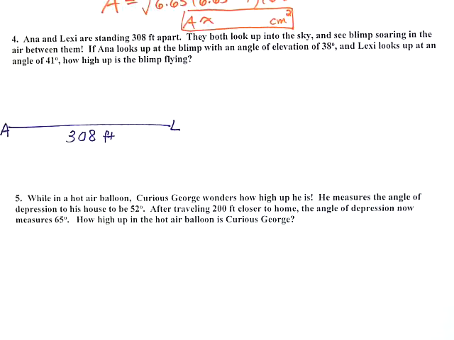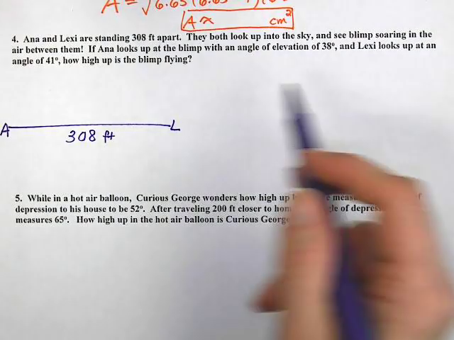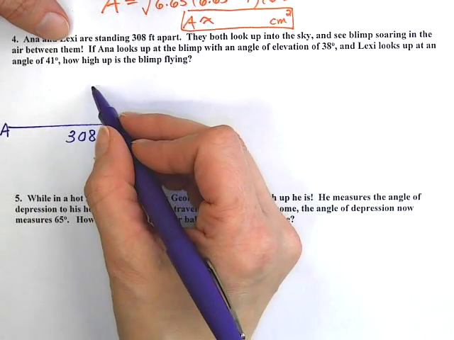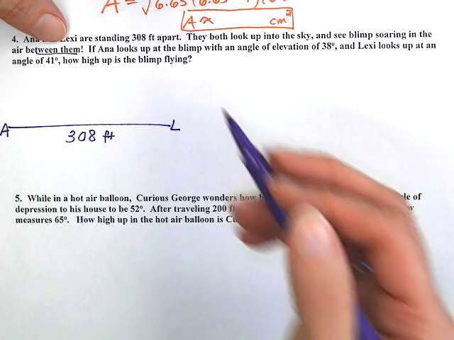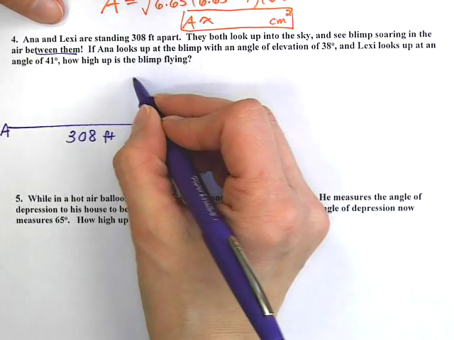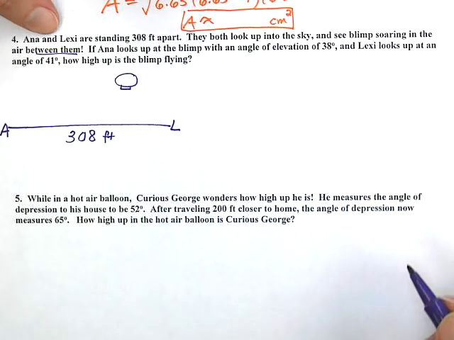They look up and see a blimp between them. Is it exactly between them? Between doesn't necessarily mean right in the middle. So maybe I'll draw it off to the side a little bit, so it doesn't look like it's the middle.